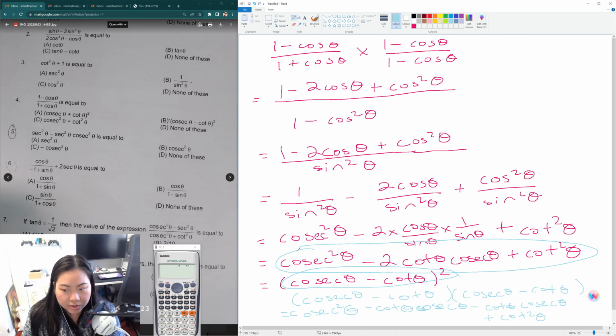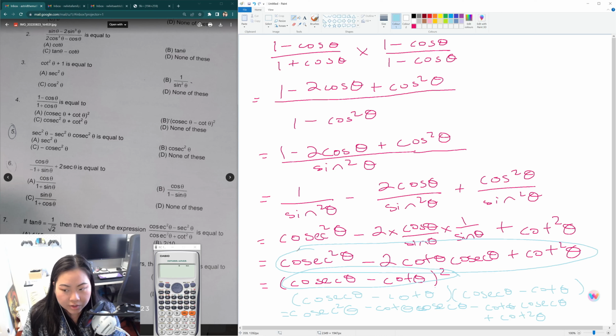However, not to scare you off, if you cannot see it in the algebraic way, since this is a multiple choice, all you need to do is substitute in a value for theta and see which one equals. So let's do that. Our theta again is 72 degrees.